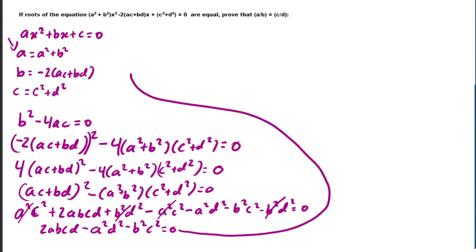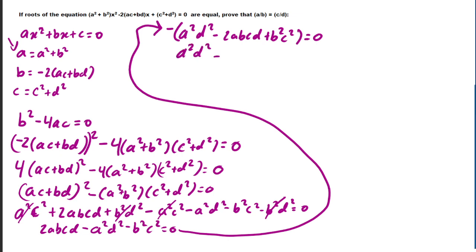Now let's just move this over here where we have more space. If we just take the negative out of this whole equation and rearrange it, we get a squared d squared minus 2abcd plus b squared c squared equals 0.